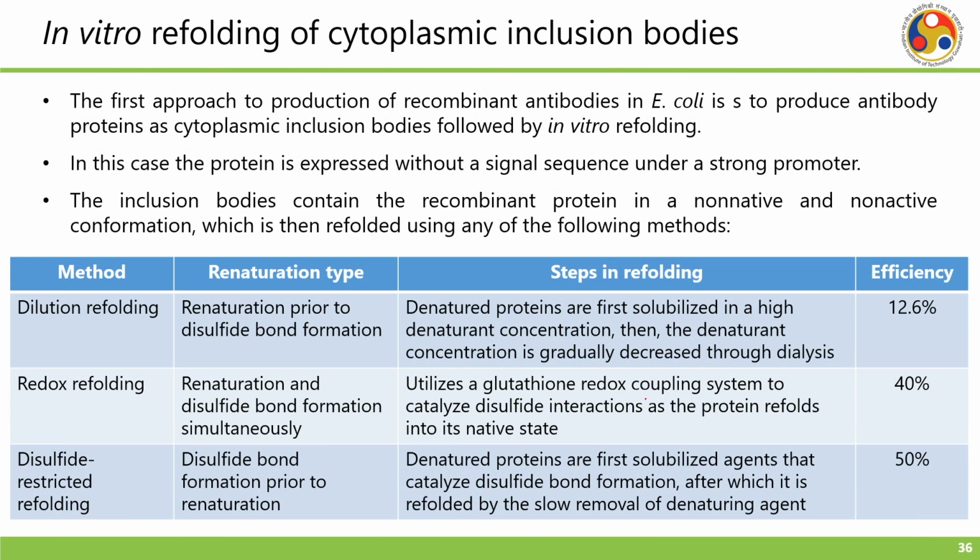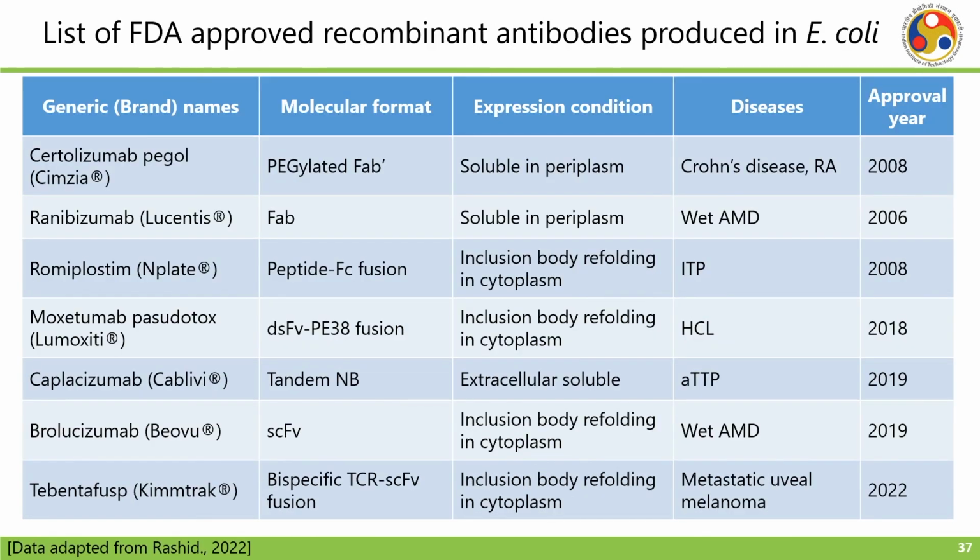This utilizes a glutathione redox coupling system to catalyze disulfide interactions as the protein refolds into its native state. Then we have the disulfide restricted refolding, where disulfide bond formation prior to refolding takes place, where denatured proteins are first solubilized with agents that catalyze disulfide bond formation, after which it is refolded by the slow removal of the denaturing agent.